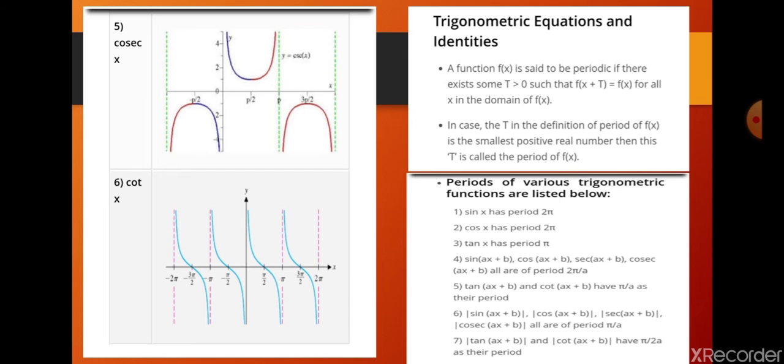So we can say sin x has a period of 2 pi, and similarly cos x has a period of 2 pi, tan x has a period of pi.